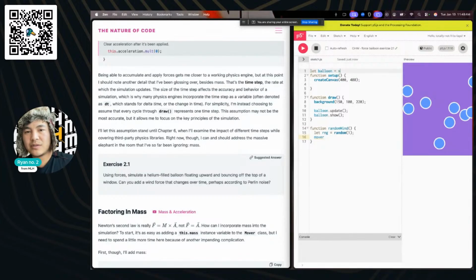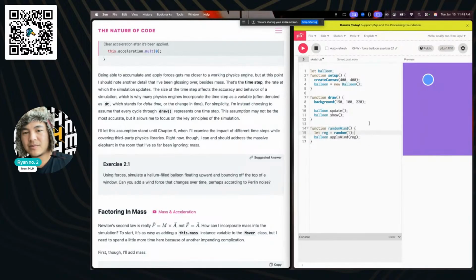Let balloon equals new capital Balloon. I guess let's let it exist first, and then we do balloon is equal to capital Balloon. So now we've just got our 1, okay? And then we want to run balloon.applyWind. That's going to be RNG.